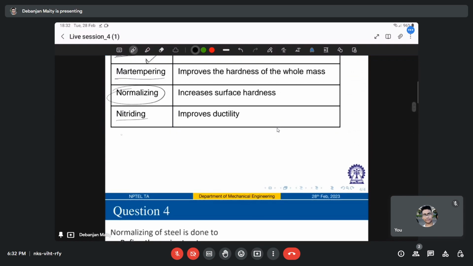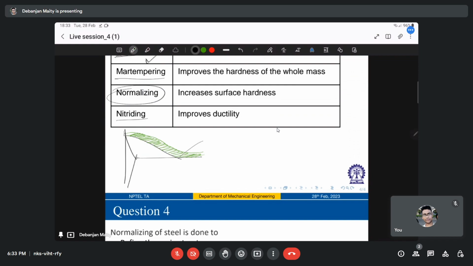If you try to draw this in terms of the phase diagram, the range is basically like this. This is the temperature range where you are working for full annealing, right? And finally you are cooling the workpiece at a very slow controlled rate.